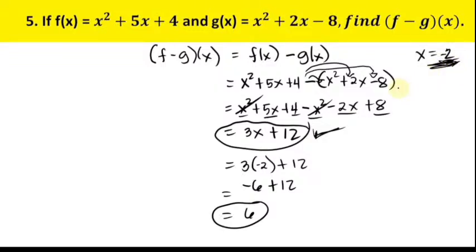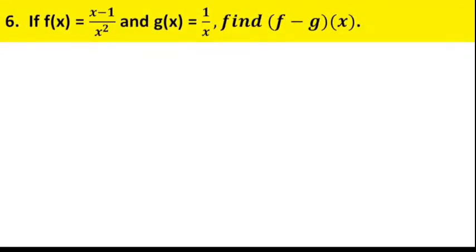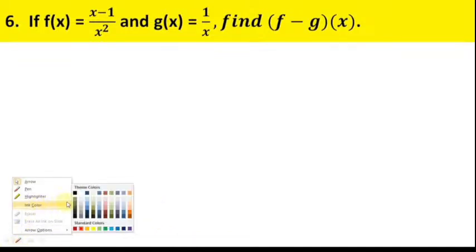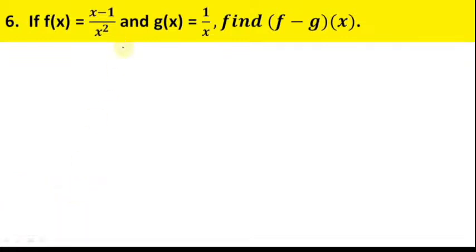Okay, so that's all. Okay, for number 6, if f of x equals x minus 1 over x squared and g of x equals 1 over x, so find the difference of the given function. So again, ang formula, we have quantity of f minus g times x equals f of x subtract g of x.